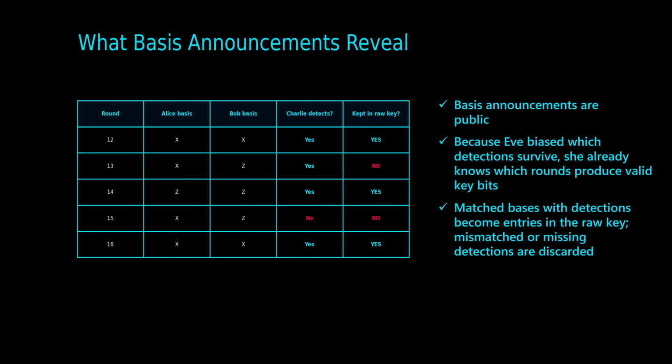Since Eve controlled which detections occurred in the first place, she knows exactly which rows in this table will survive sifting. The public announcements simply label each surviving detection with its basis, allowing Eve to map each detection event onto its corresponding bit position. At this point, she has a structurally accurate picture of the raw key before error correction even begins.